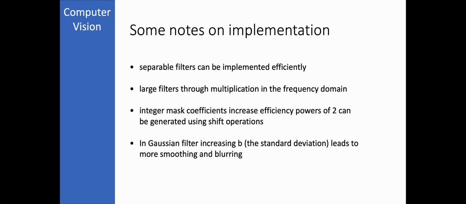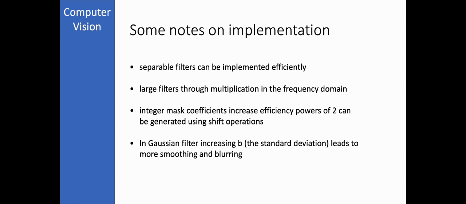So some small notes on the implementation. Separable filters, as I said, can be implemented very efficiently. The binomial filter, Gaussian filter, isotropic Gaussian filter are quite nice. They're separable and can be implemented very efficiently. For large filters, implementing them in the spatial domain is a bit problematic because computational times increase, but taking the Fourier transform, for example with the fast Fourier transform, and then multiplying in the frequency domain can give you a faster implementation.